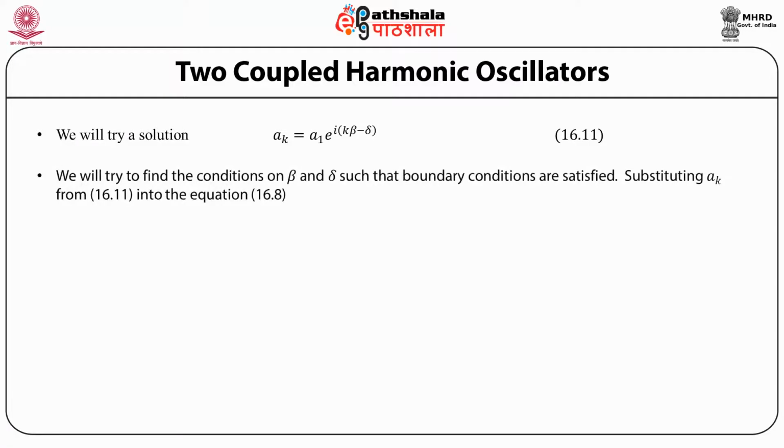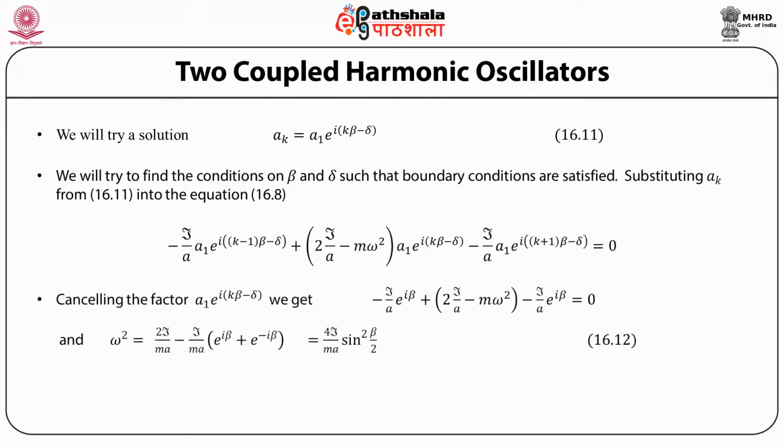We'll try to find the condition on beta and delta such that the boundary conditions are satisfied. Substituting this solution into equation 16.8, we get an equation shown in 16.12, and we have omega square is 2T by ma minus T by ma (e to the power i beta plus e to the power minus i beta). So omega square is obtained as 4 times T by ma sine square of beta by 2.